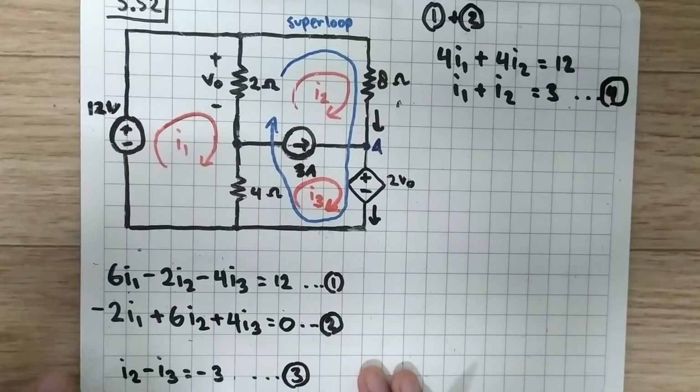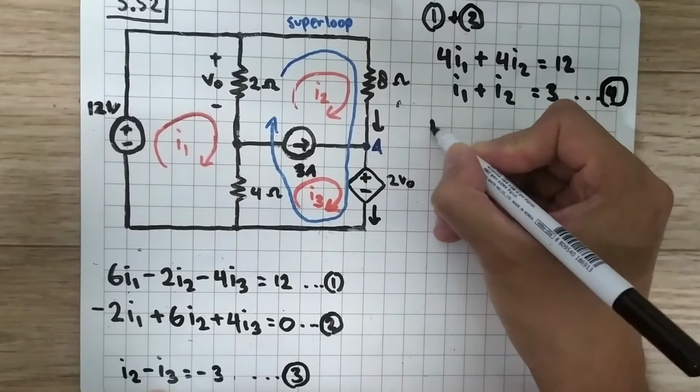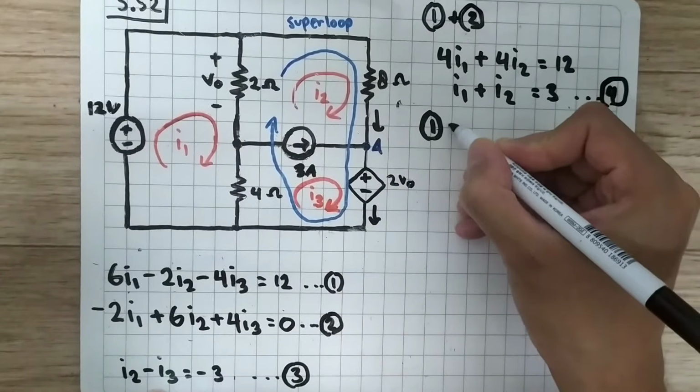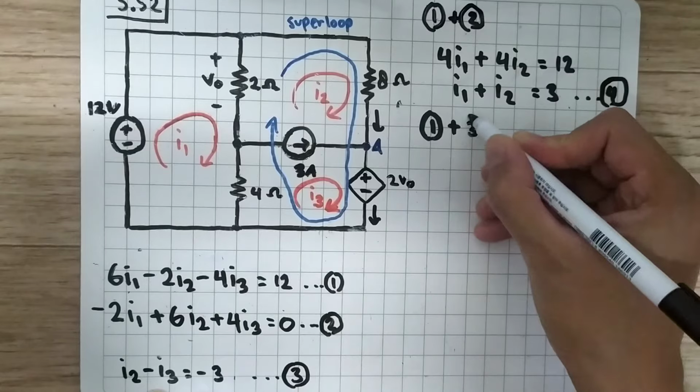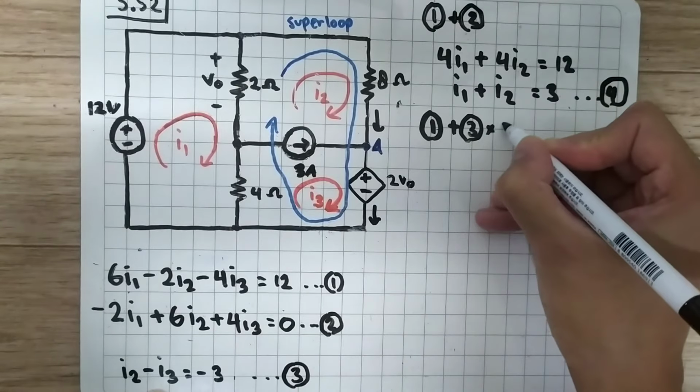And now again we are going to eliminate I3, but we are looking at this case here: equation number 1 plus equation number 3, but multiplied by 4.